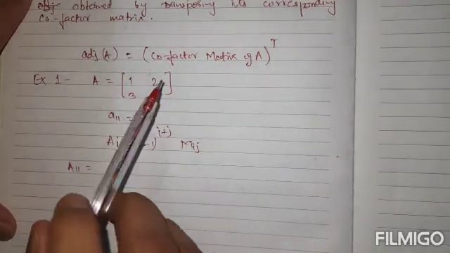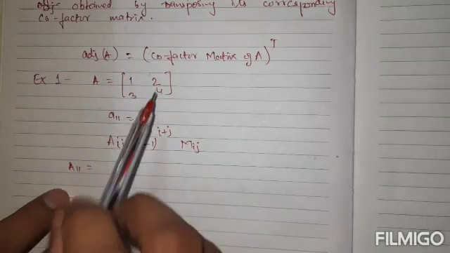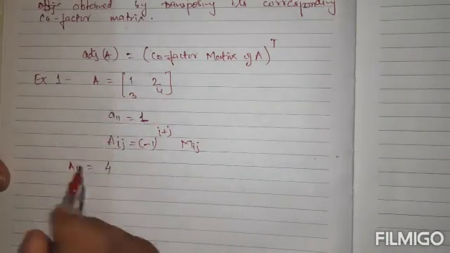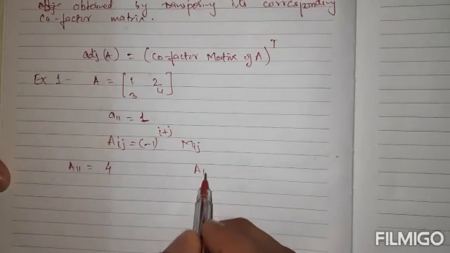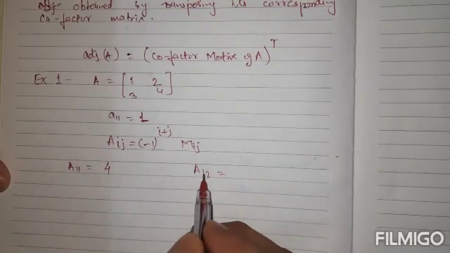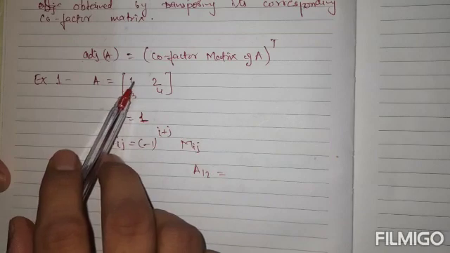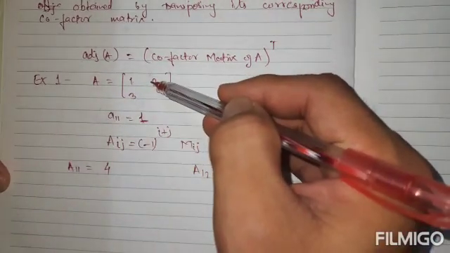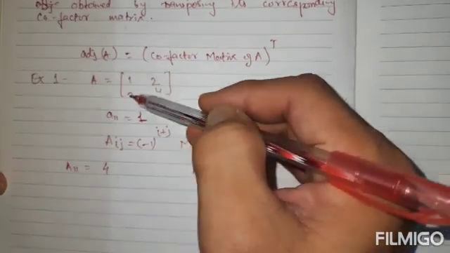Here, if we have to find A11, we have to ignore this row and column. So what remains here? 4. So A11 is 4. A12 means the cofactor of the element of first row and second column. So if we ignore this, we get 3.